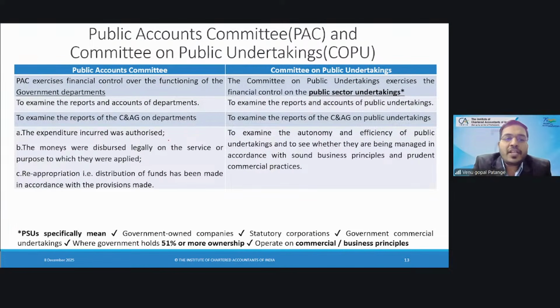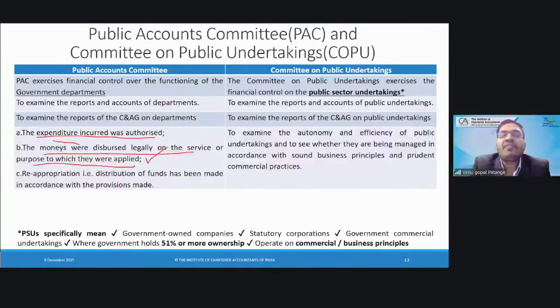So this is what we generally do: checking whether the expenditure incurred was authorized or not, and whether the money disbursed was legally available for the purpose for which it was applied. You may know this: the money spent should be for the purpose for which it was taken, right?